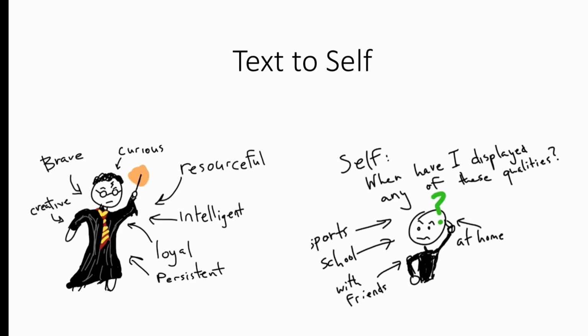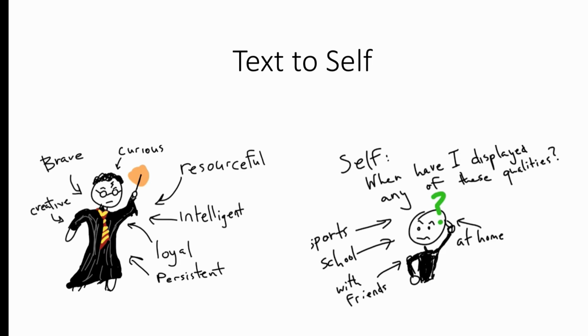Let's take the character of Harry Potter. So this is text to self. So Harry Potter was a character and he had all these different traits about him, okay? And you might, in the reading itself, it might list these traits, or you may just say, oh, he's brave, or he's loyal, or he's intelligent.